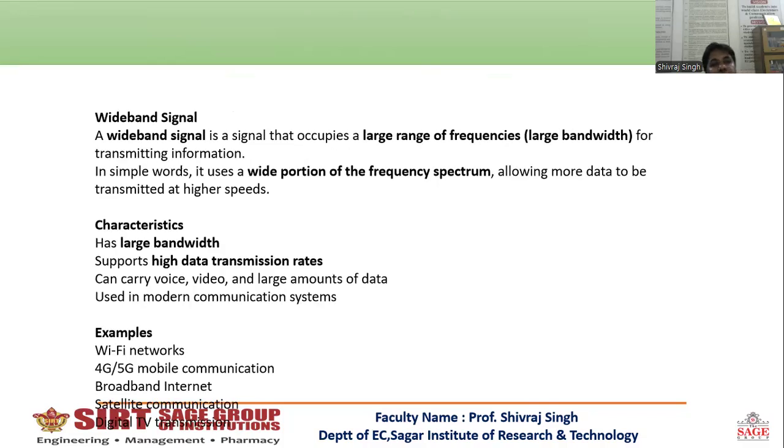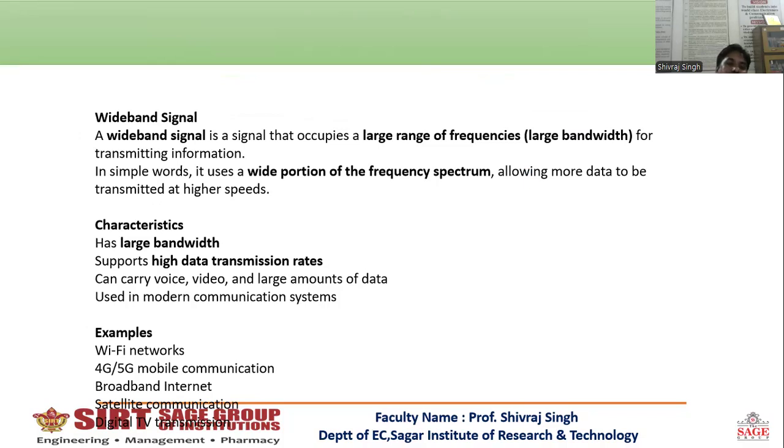Second one, wideband signal. Wideband signal is a signal that occupies a large range of frequency. That means it has a large bandwidth for transmitting information. It uses a wide portion of the frequency spectrum, allowing more data to be transmitted at higher speed.